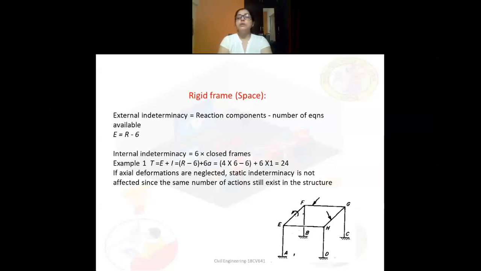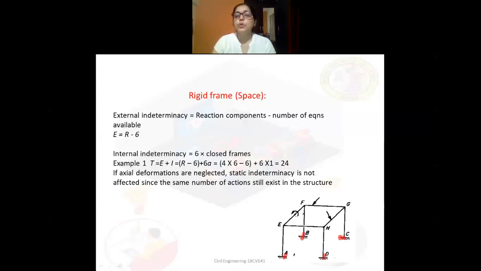So example 1, you can see the example here. Here you can notice, how many supports are there? Four, all fixed supports. Each fixed support has 3 reactions in a plane frame.